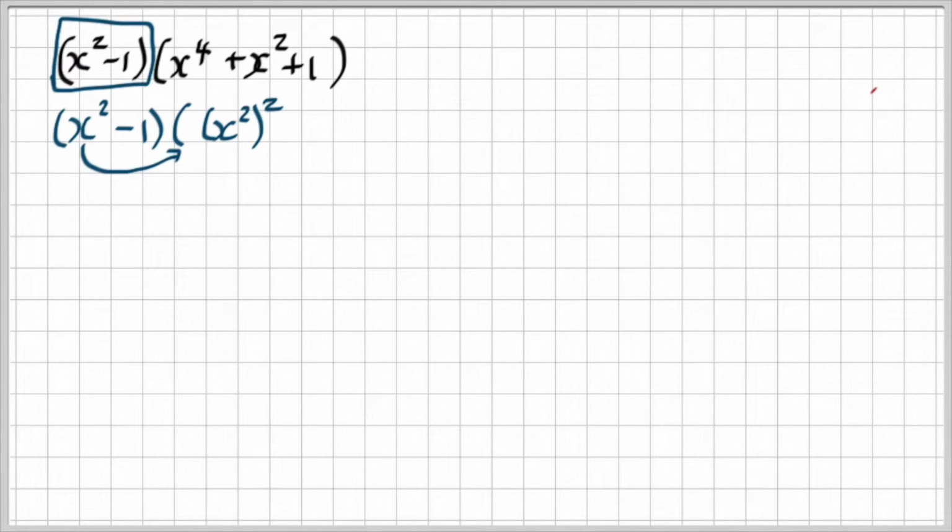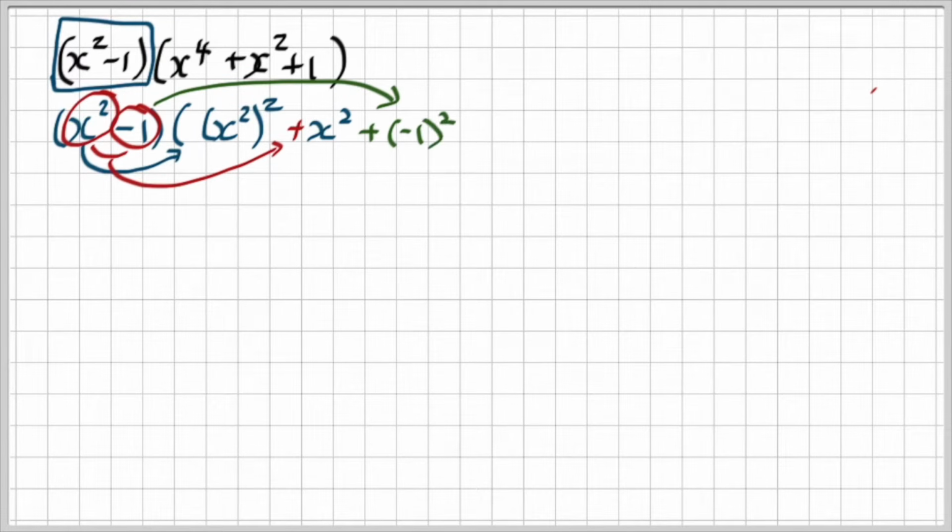What about the middle term? I take the x squared and I times it by the -1 and I change the sign. So that becomes positive x squared. And then the last term in the back bracket is squaring that -1.